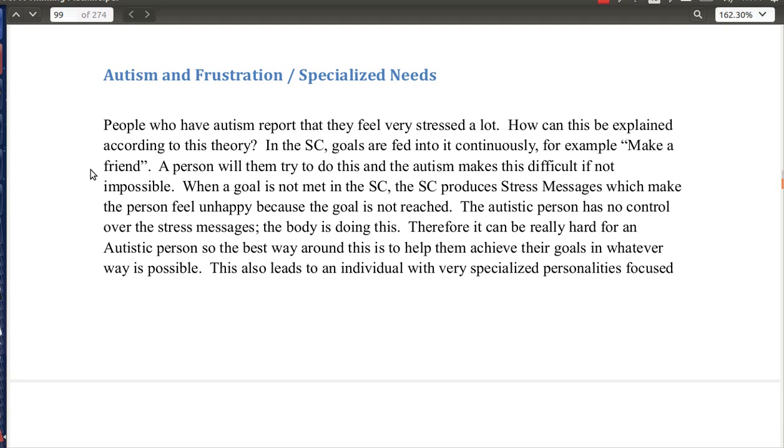But the basic idea is that, let's just assume you have an architecture that's message based, and you have a system consciousness, and you have inflows and outflows of messages, and some of those messages are simple things like goal based messages, like make a friend, or relate to somebody in a particularly emotional way.